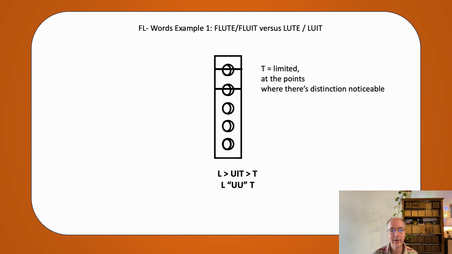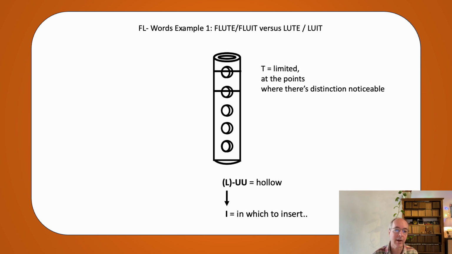So we limit it in some of these regions. We limit it at points where we have a noticeable distinction. So there we have already the luit association, in which there will be an f association. It is also hollow, as I said. It's not just the points themselves that are hollow, the thing itself can be hollow as well.